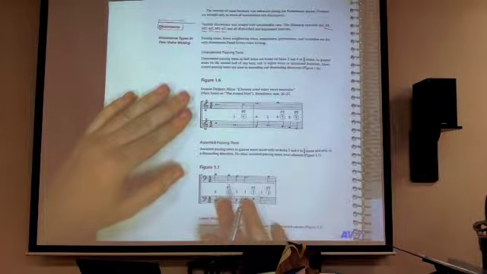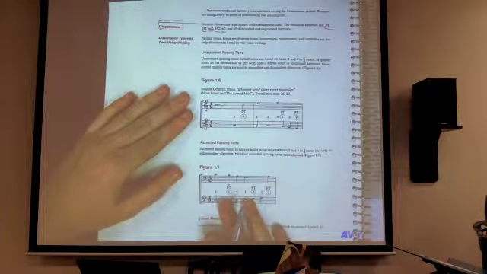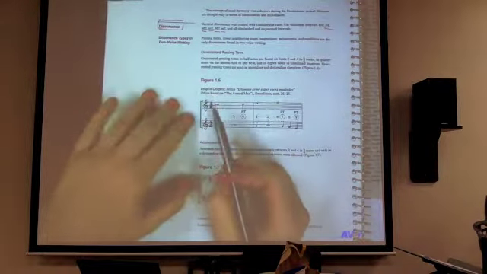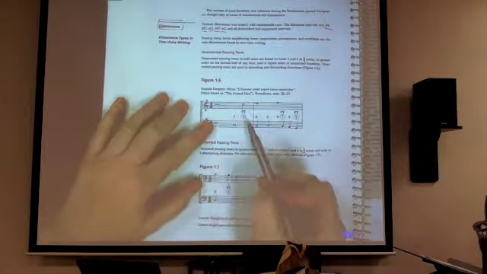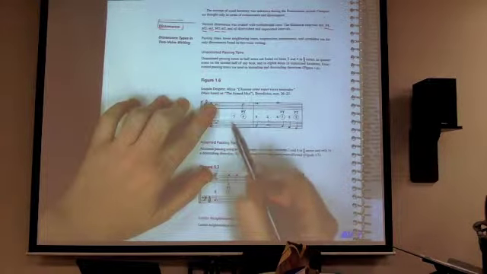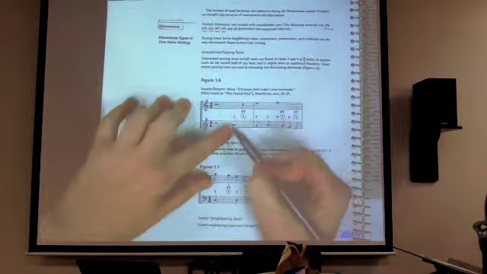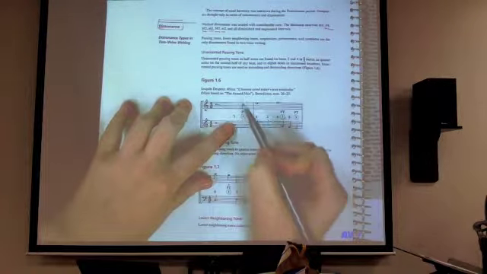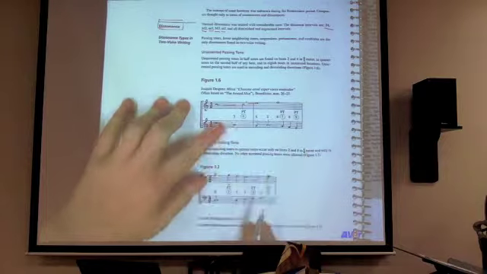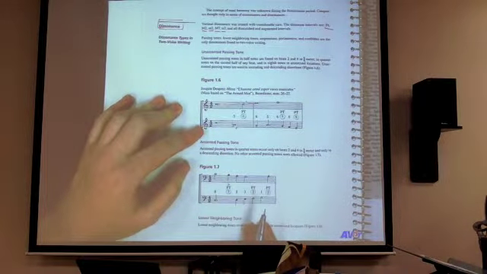So think passing tones, neighboring tones, appoggiatura, all of that stuff, okay? So we have here an example of this acting as a passing tone, right? So we've got a third here, and then we move up to a fourth, but it's moving up stepwise, so it's acting as a passing tone. That's why they get away with it, okay?